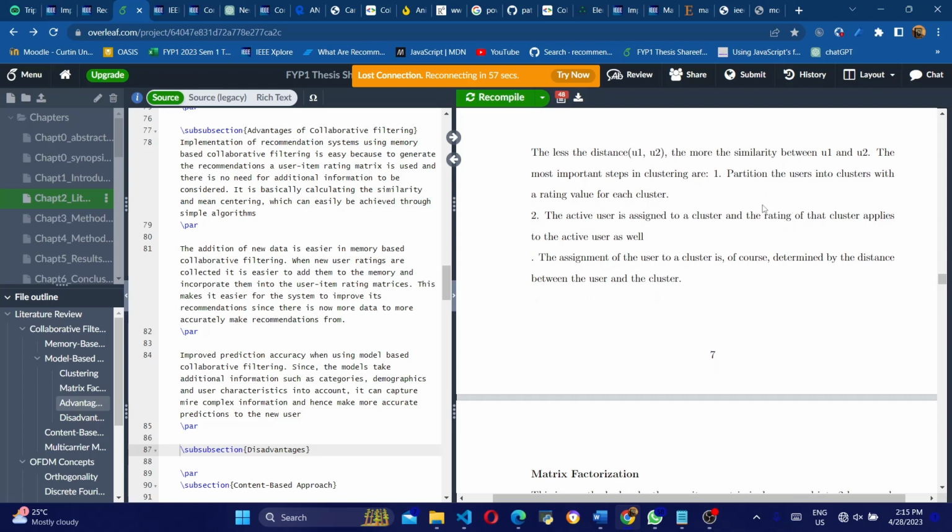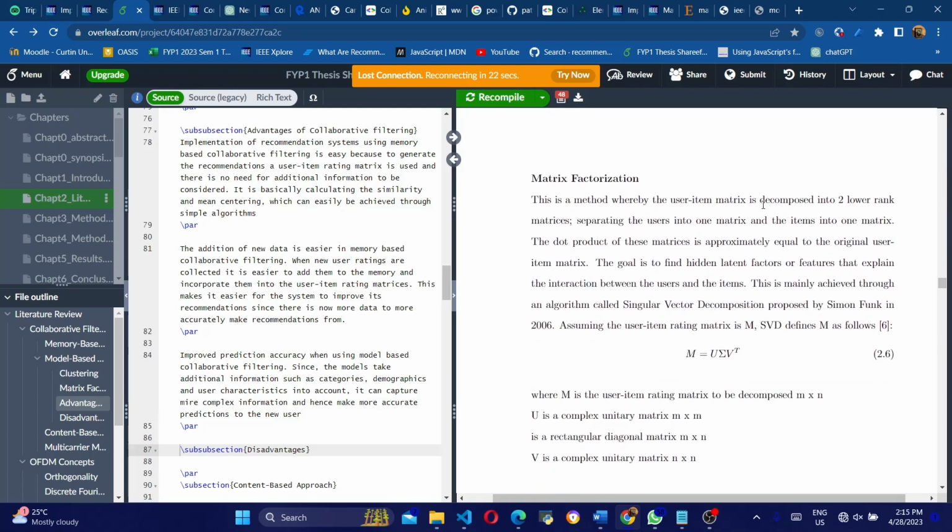So the less distance between user 1 and user 2 indicates a greater similarity between these users. Right. So outlining the important steps in clustering, the first step is to partition the users into clusters with a rating value for each user, right? Then two, the active user is assigned to a cluster, and the rating of that cluster is the one that applies to that active user as well.